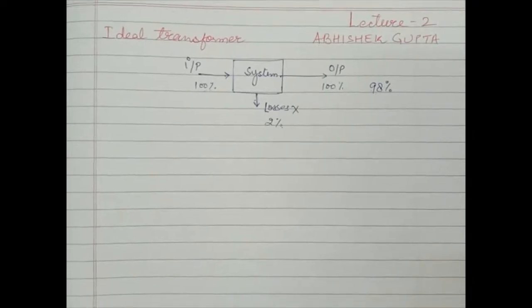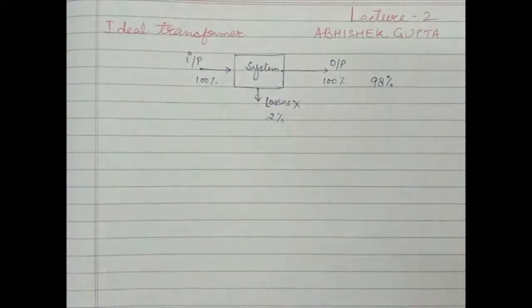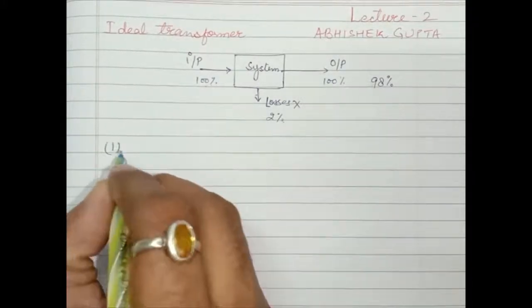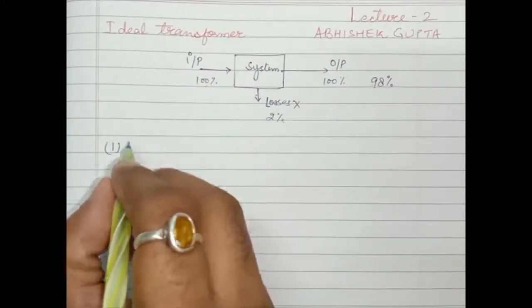So basically, what is an ideal transformer? An ideal transformer is one which, number one, has no losses.